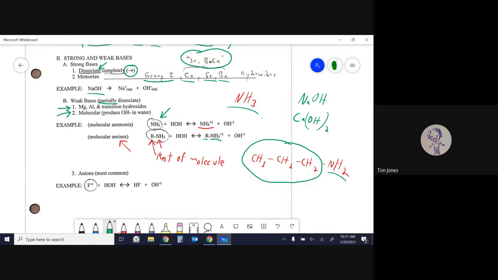Now, again, when you look at these, this doesn't look like a base, and this doesn't look like a base. But notice when you put them in water, water gives them a hydrogen, and what's left is a hydroxide. So they are indirectly making hydroxide. Now they look like a base.